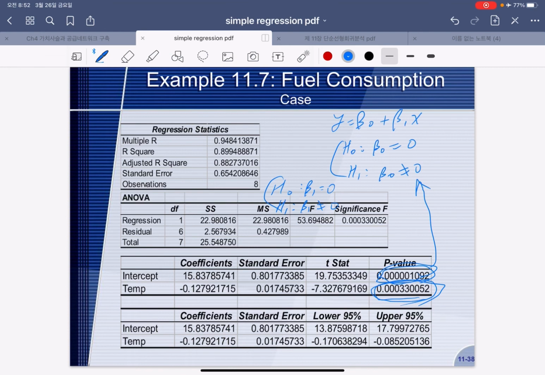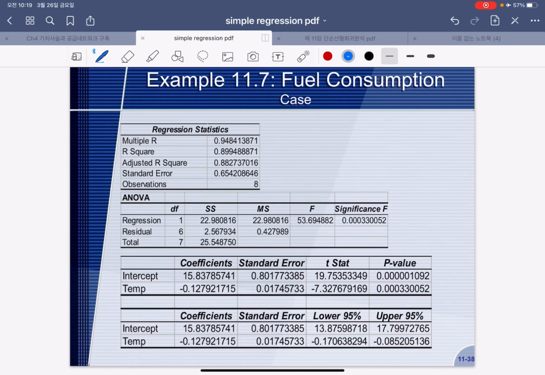That means the slope is meaningful, since it's not equal to 0. So there is a relationship between x and y. Since this one is negative, there is a negative relationship between x and y. So that's the interpretation of the computer output.